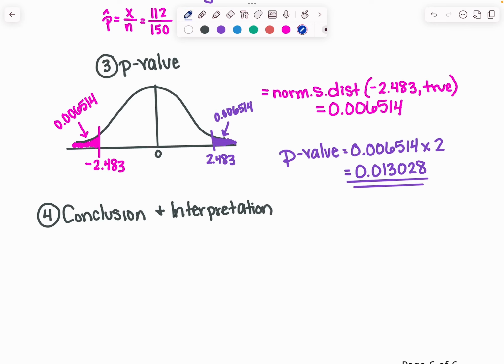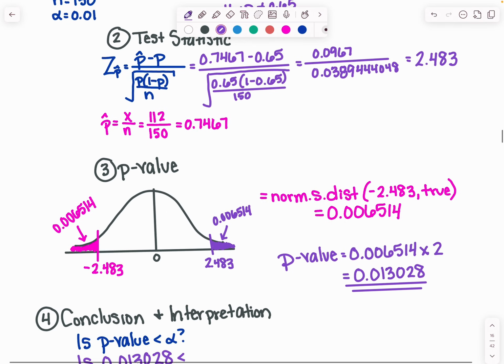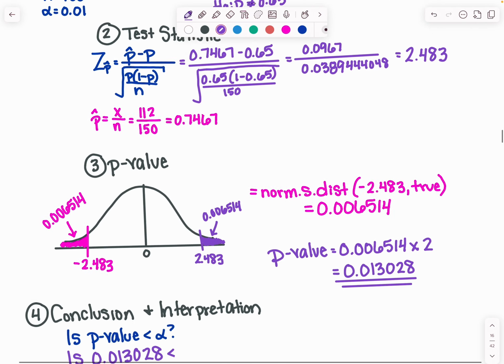So for the conclusion, we want to know is our p-value less than our alpha. Is this probability too small to be possible? Is this a significant result? And it's significant if it has a small probability. So is 0.013028, I'm just going to use all the decimals, less than, and what was our alpha? 0.01.